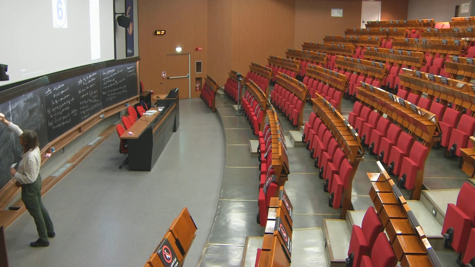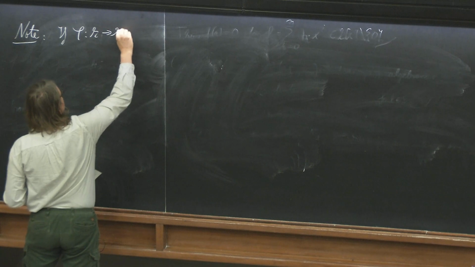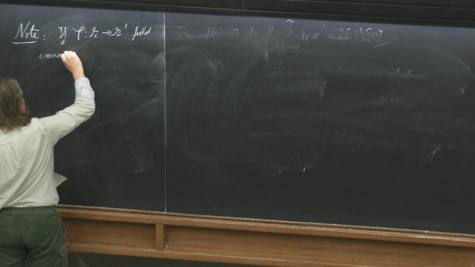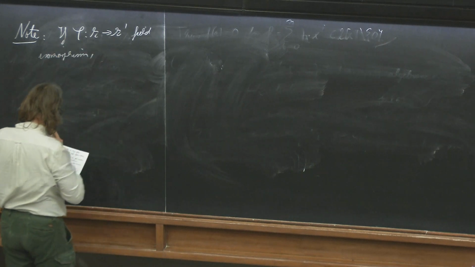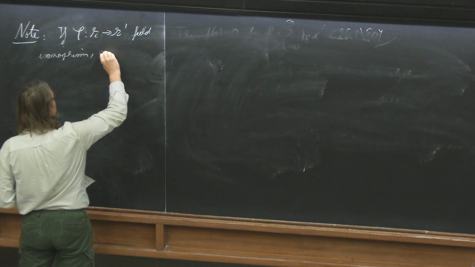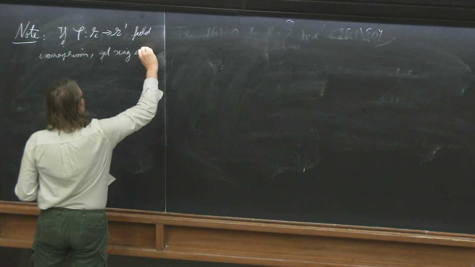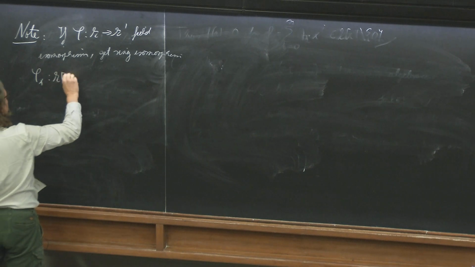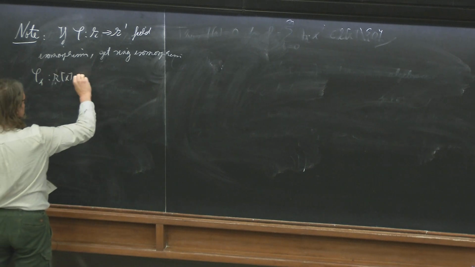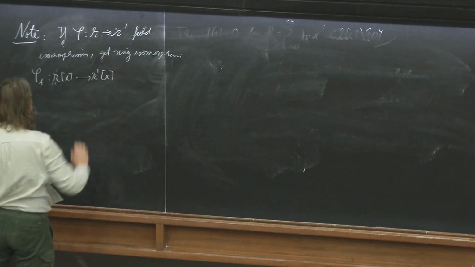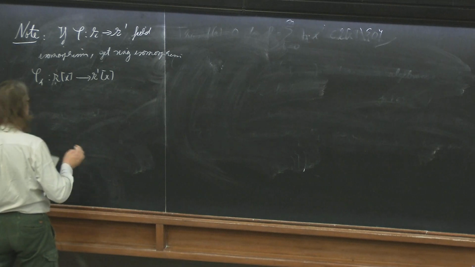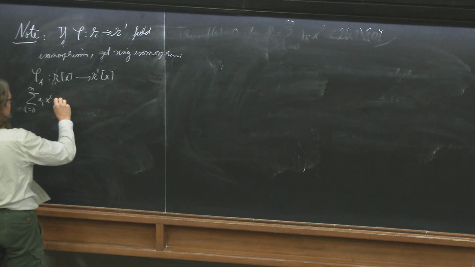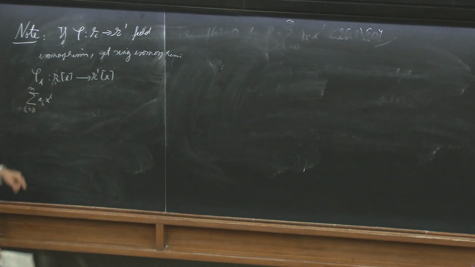If phi from K to K prime is a field isomorphism, then we get a ring isomorphism, which I could call phi star, from K[x] to K prime[x], by just sending a polynomial, the sum over i equals 0 to n of a_i x to the i, to the polynomial where we just apply phi to the coefficients.